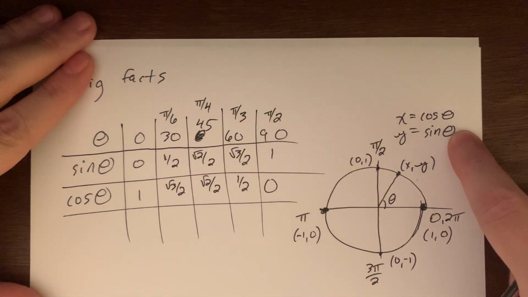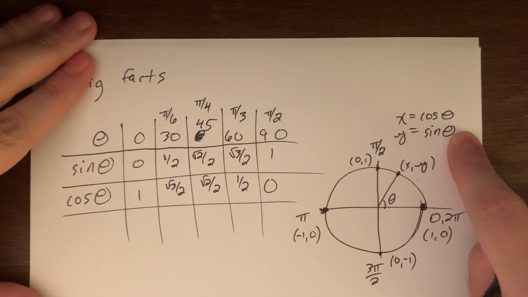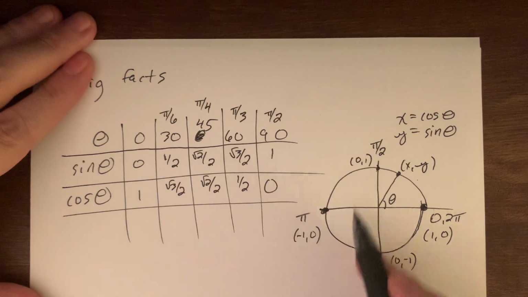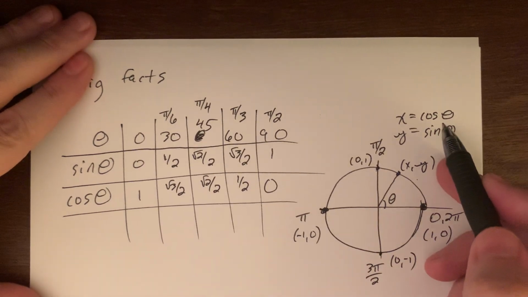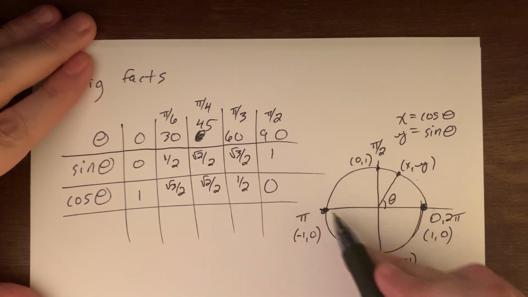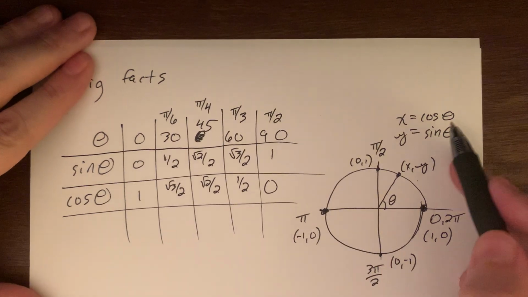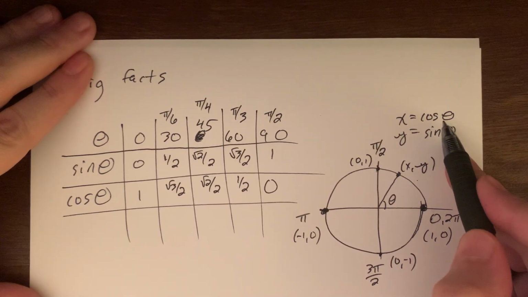A reminder of your xy. And for some people, this is how they figure out the positives and negatives with their trig functions. If you're over here and you're talking about cosine, well, cosine is x. Any x over here in quadrant 2 or quadrant 3 is negative. Therefore, cosine is negative in those quadrants.